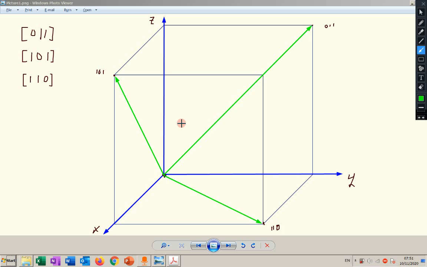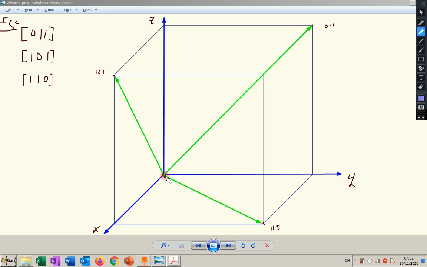Now we have 3 directions in this cube, and let's assume that we are trying to find it for FCC crystal structure. Now we said we need the location of atoms here.